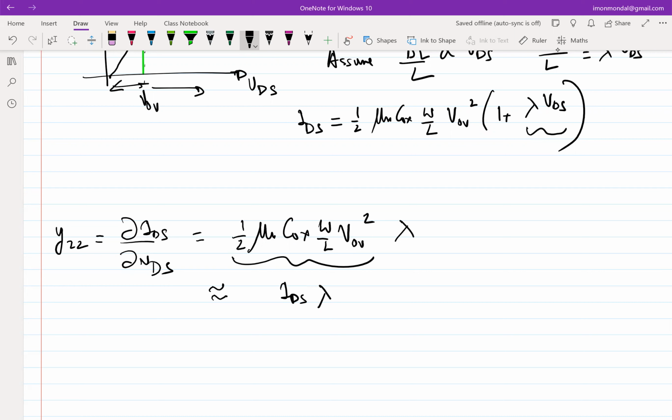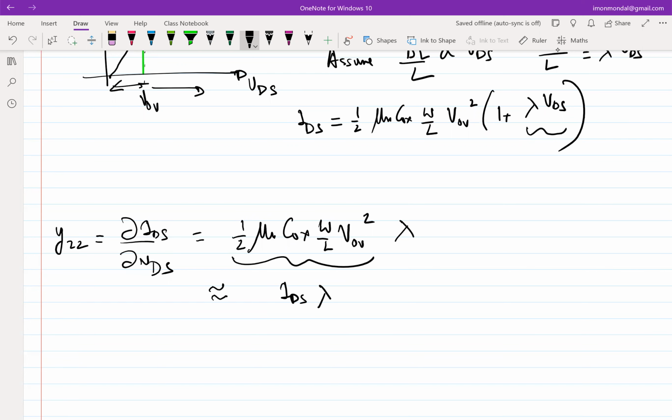That expression will be more accurate, but you will not get too much information from it. So we forget about it and don't get bogged down with things that don't matter too much. So your y22 becomes lambda times IDS.